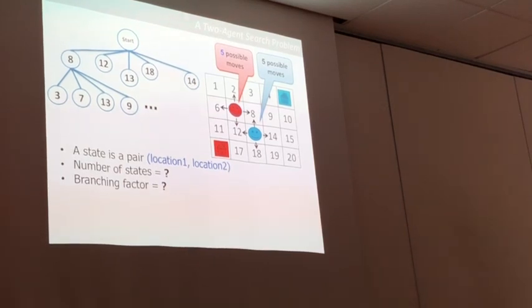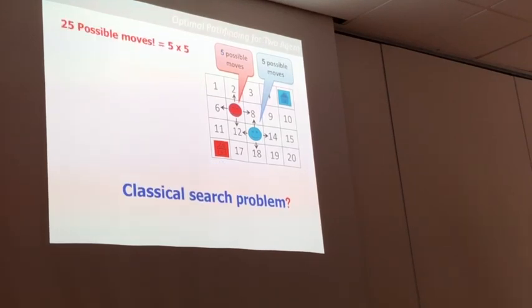Let's see how it looks more concretely. Okay. So every agent has 5 possible moves: it can move in four directions and wait. And they move together. So the possible actions in every time step are the product of the two agents' actions. Okay, so in every time step we have 25 possible movements we can do. Okay, do you see that? Is that clear?